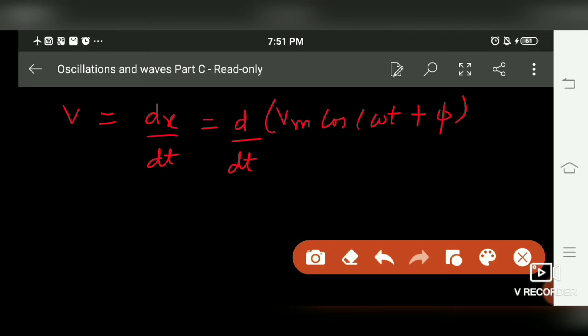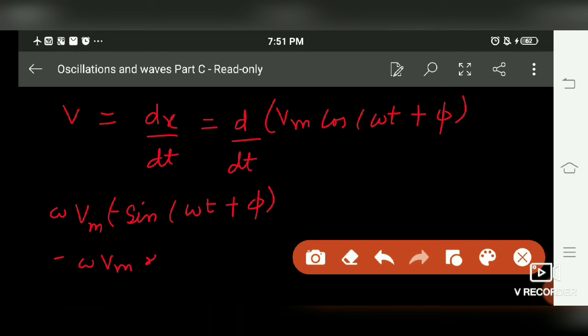If we take the derivative, x m is a constant, taking it outside as such. Derivative of cos is sine with the minus sign, so we get minus omega x m sin(omega t plus phi).